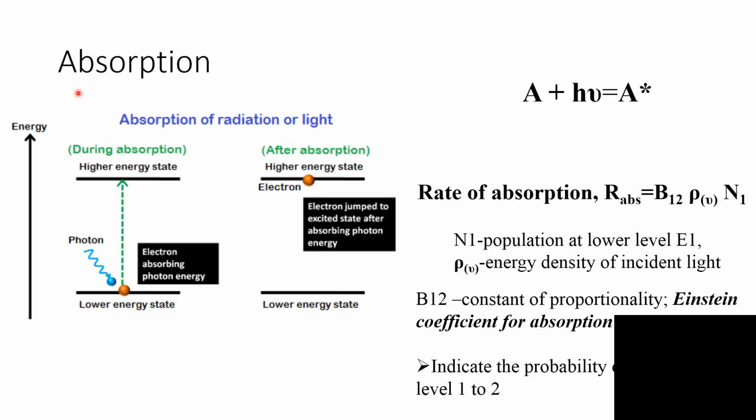Okay, the first phenomenon is absorption. Here we have a figure of a two energy level system. We have this lower energy level and this upper energy level, and the energy is shown with respect to this arrow, which shows that the upper energy level has high energy and this has low energy.